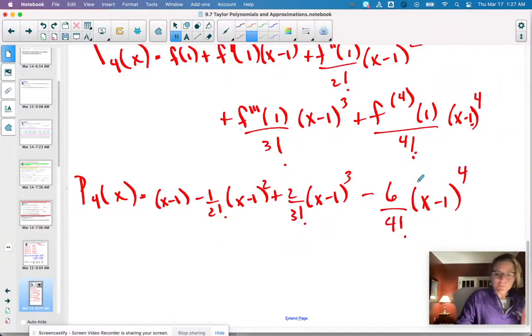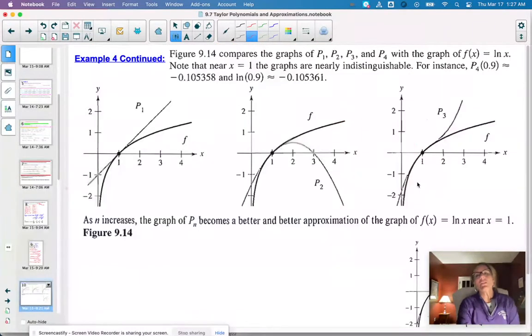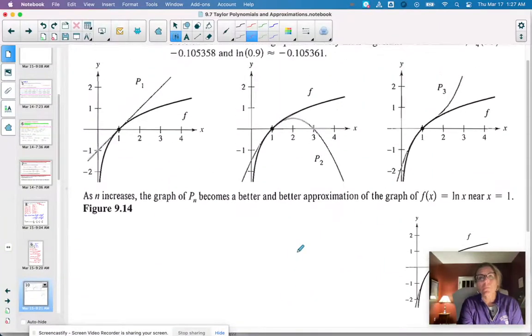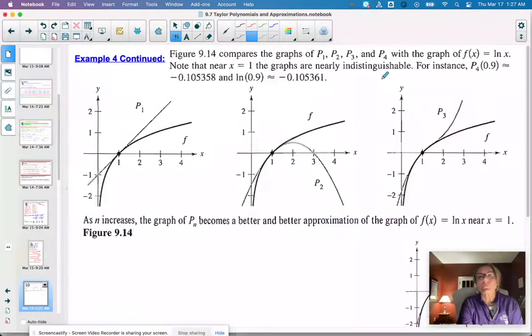All right. And here's a little graph. I want to go over this with you. In these pictures, we have a polynomial of degree 1, degree 2, degree 3, and degree 4. The function that we're using here is our ln of x that we just did, and we're going around c equals 1, or x equals 1.